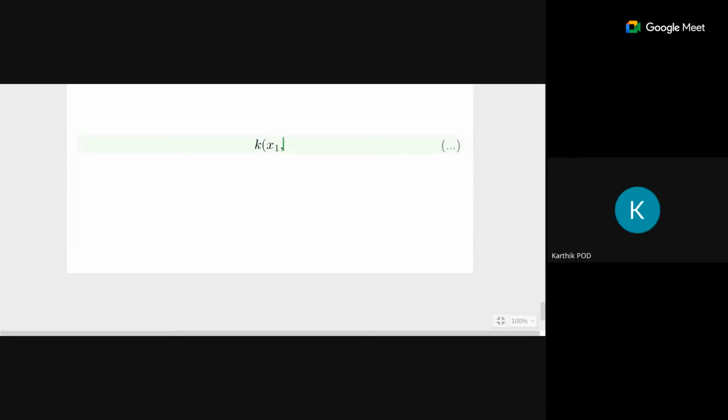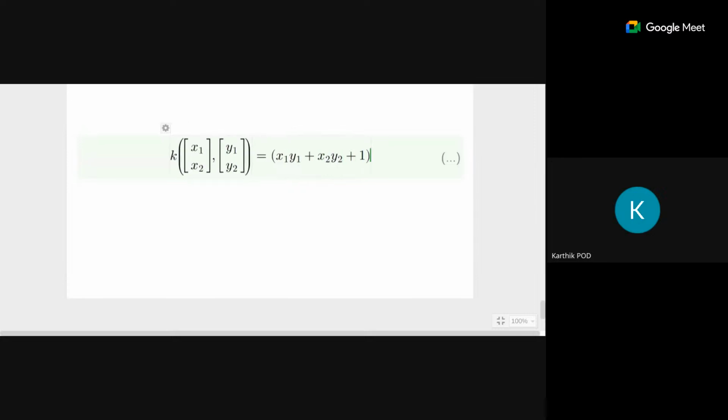So if you have a quadratic kernel in terms of x and y, with x1, x2 and y1, y2, this is the quadratic kernel: (x1 y1 plus x2 y2 plus 1) whole square.